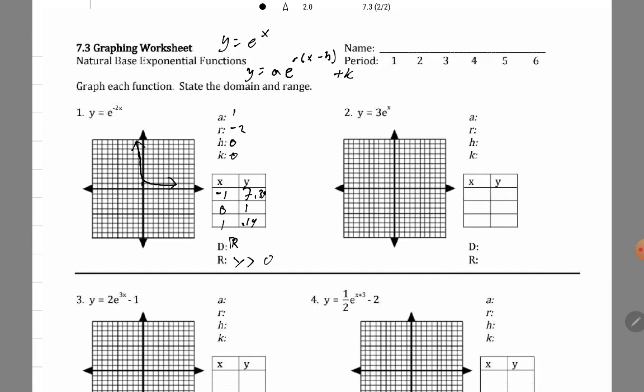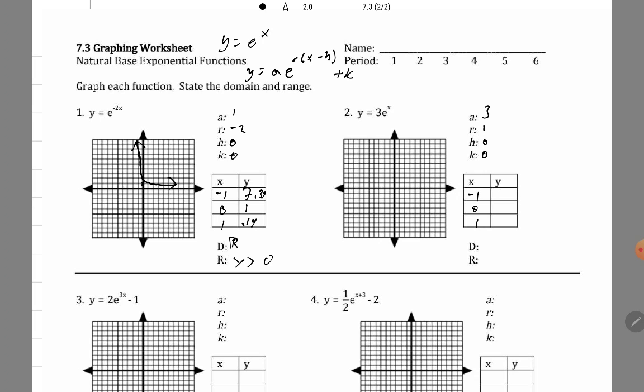So number 2, a is 3, r is 1, h is 0, k is 0. So if I plug in negative 1, 0, 1, these are normally the numbers you'll use. The only time it'll change is when you should use numbers around your h value.